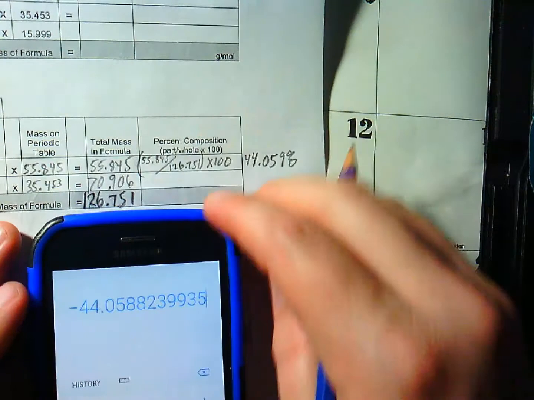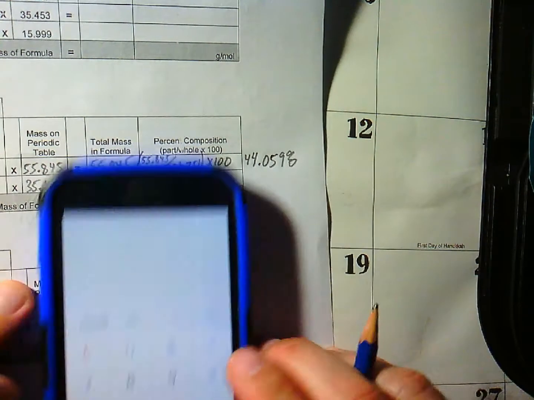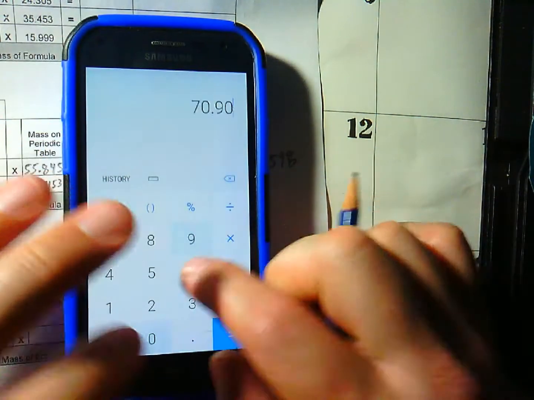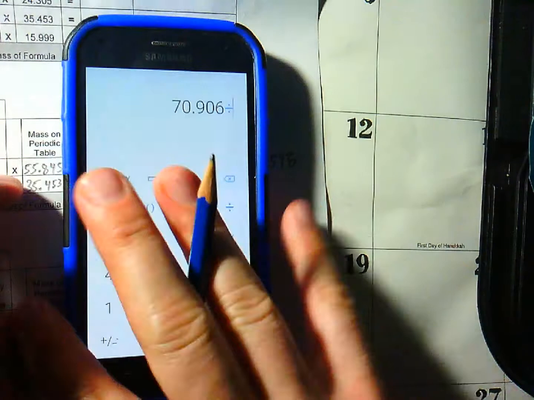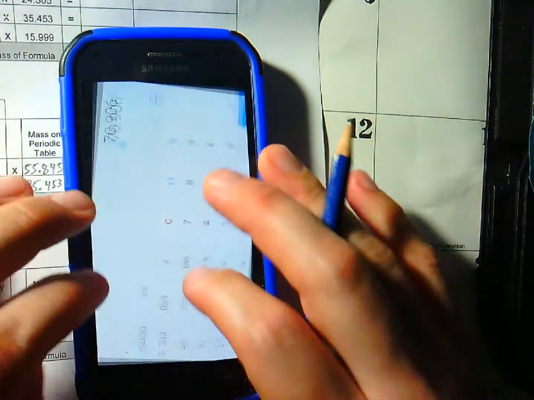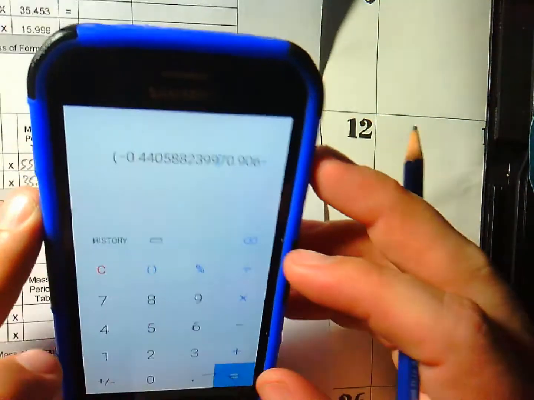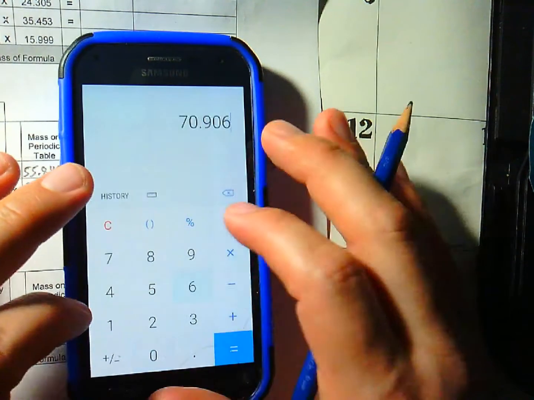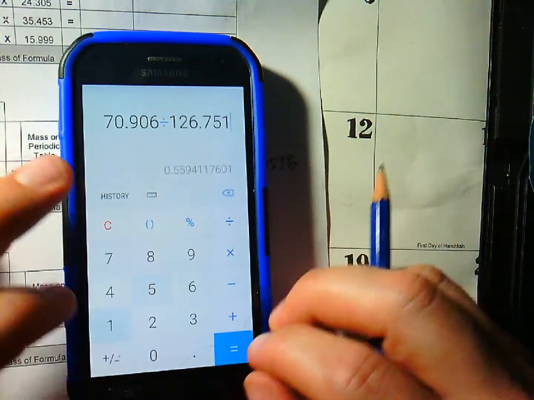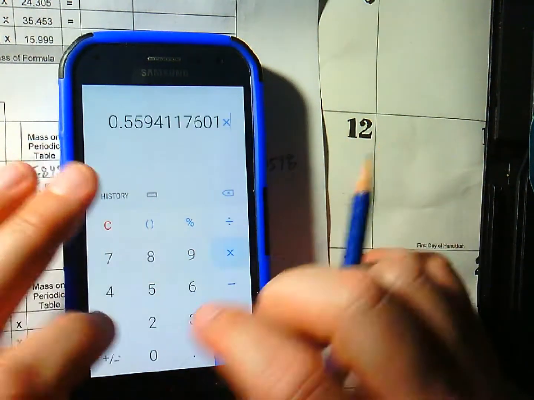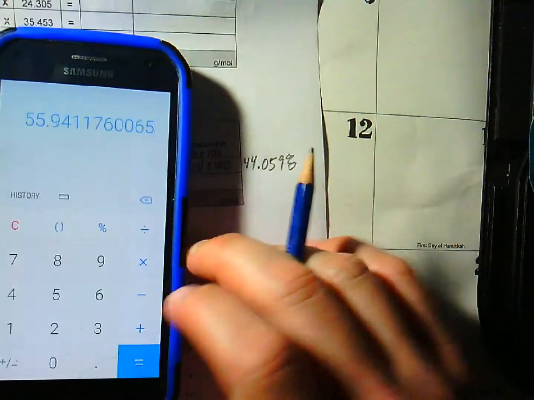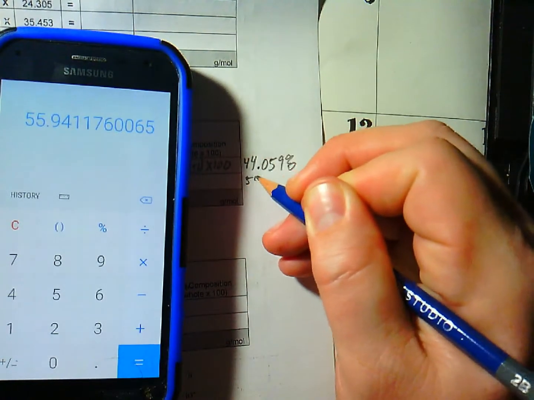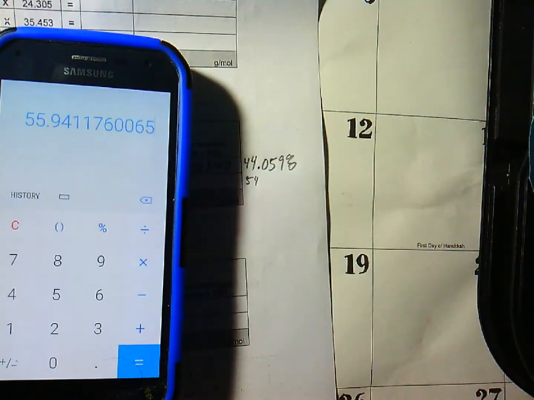And then I'm going to do the next one. So 70.906 divided by 126.751 times 100. Yes, I know you can do it with the calculator differently than I'm doing it.